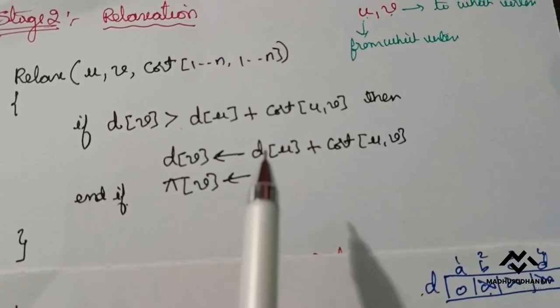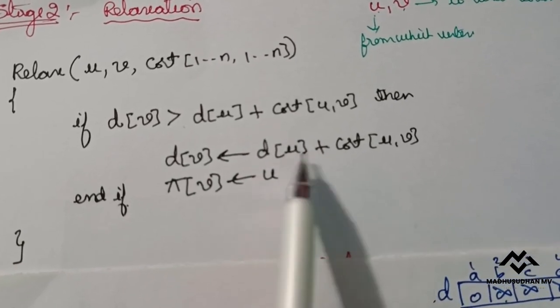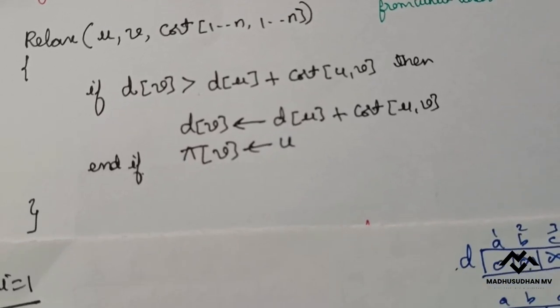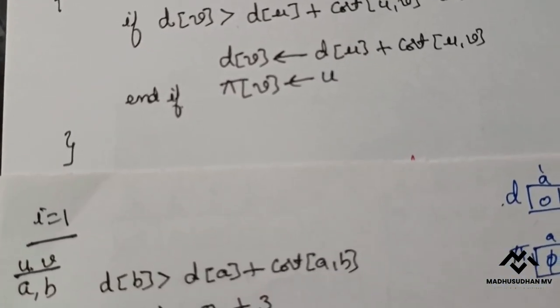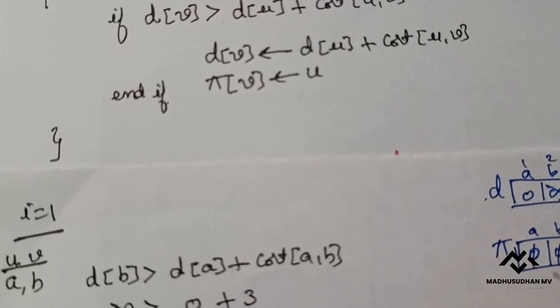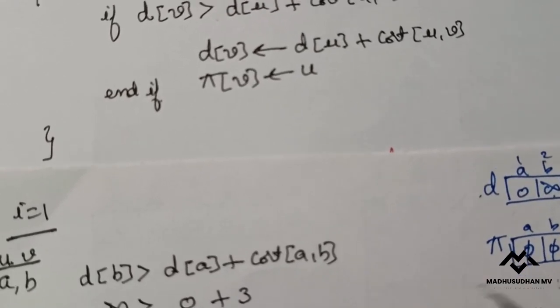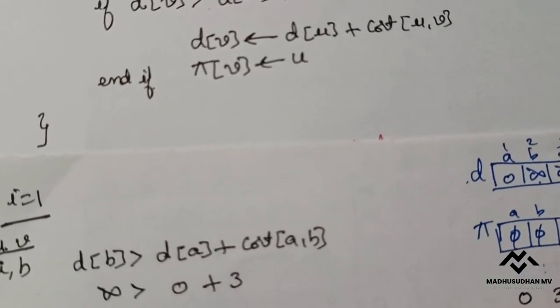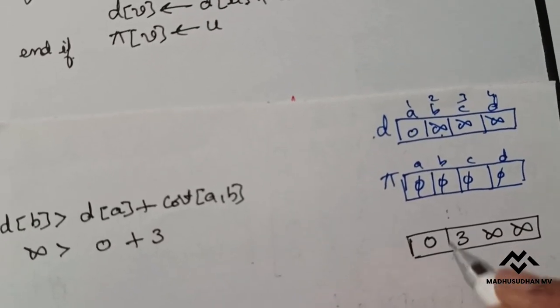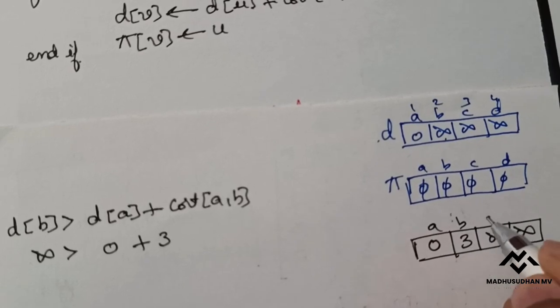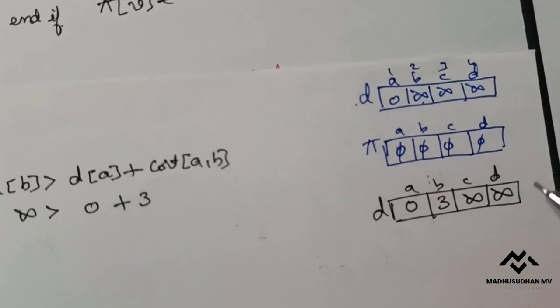Now, if the condition is true, we come inside, and the same value is assigned to D of V. V is B in this case, so D of B. I am writing here: 0, B is updated to 3, and infinity. This is my updated distance.